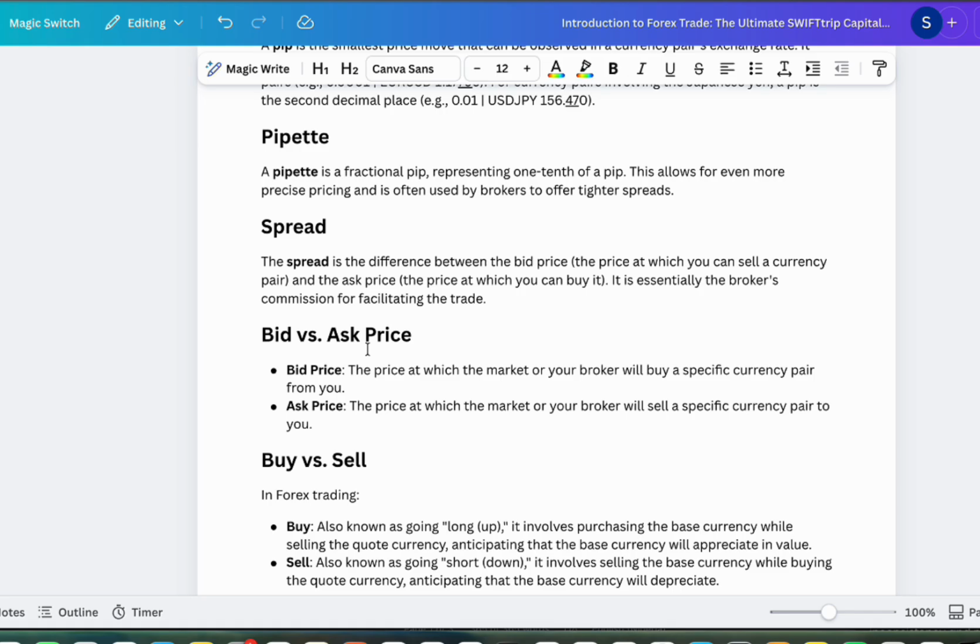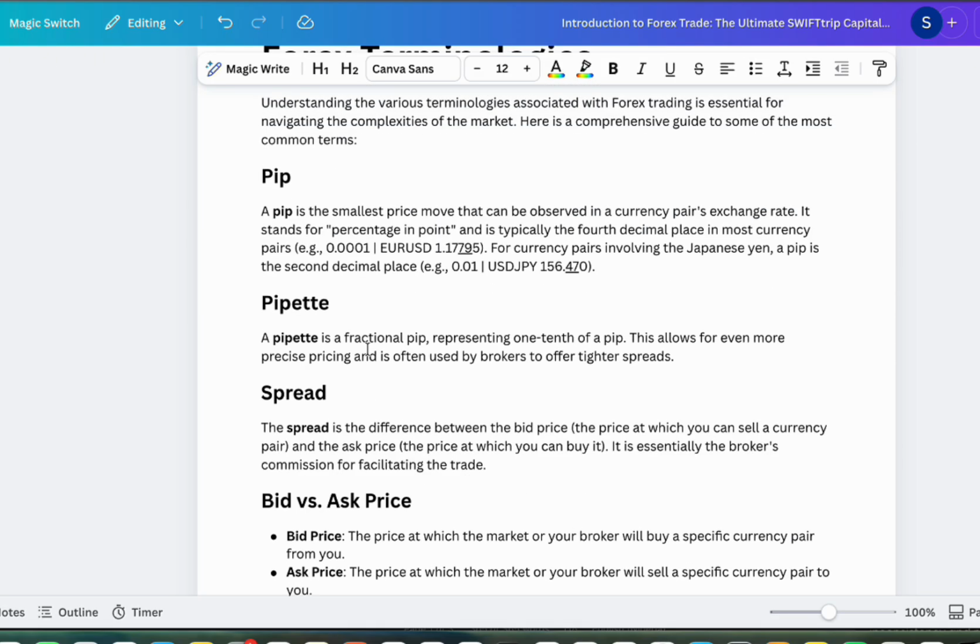The spread is the difference between the bid price and the ask price. So my people in the house, we are looking at terminologies in forex. Number 1, pip.